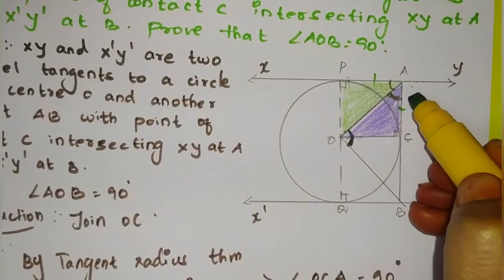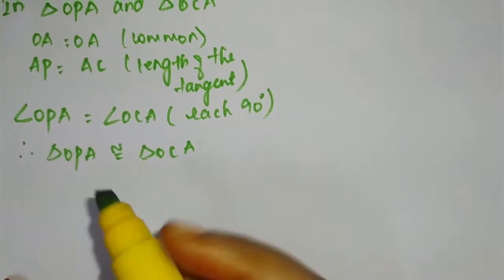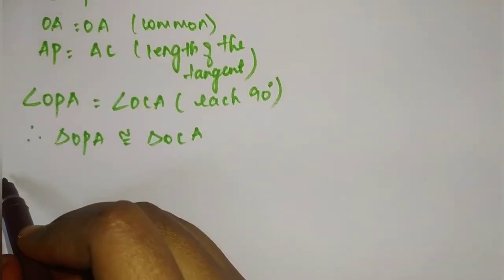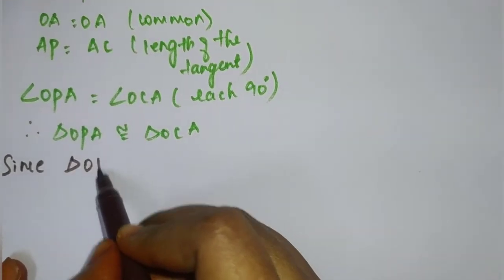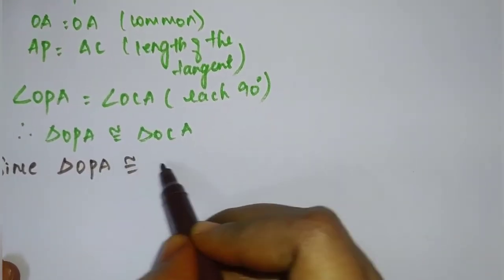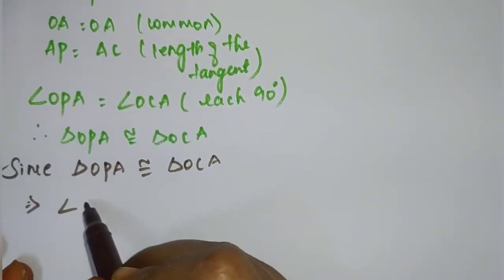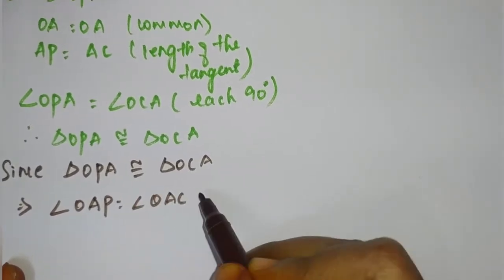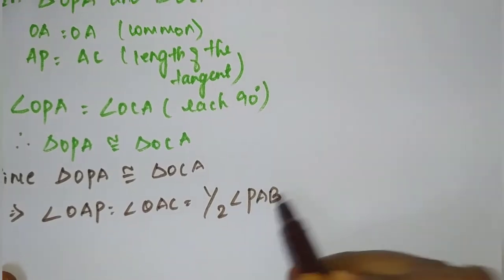If the full angle is 90 degrees, this one is 45 degrees and this one is 45 degrees. So since triangle OPA is congruent to triangle OCA, angle OAP is equal to angle OAC is equal to half of angle PAB.